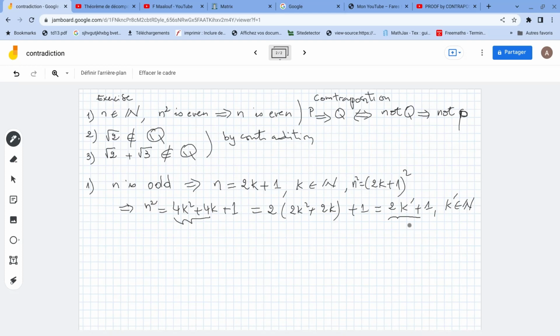This is how we write an odd number. So n squared is odd. The contraposition of the given proposition is true, so the given proposition is true also.